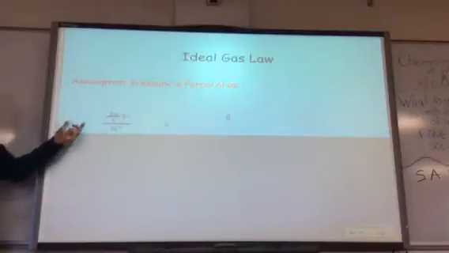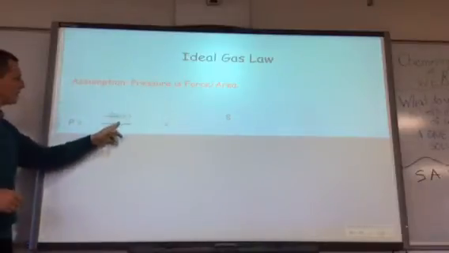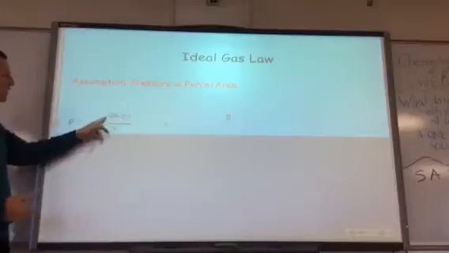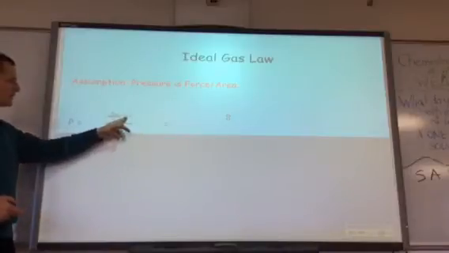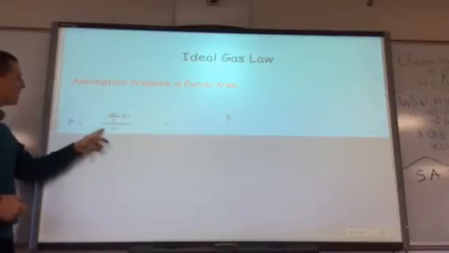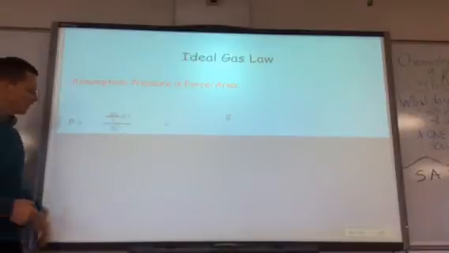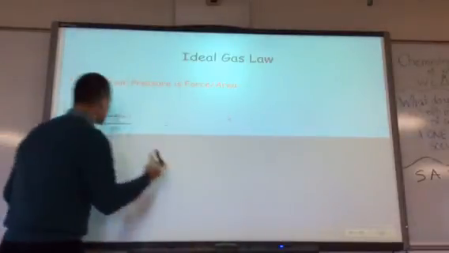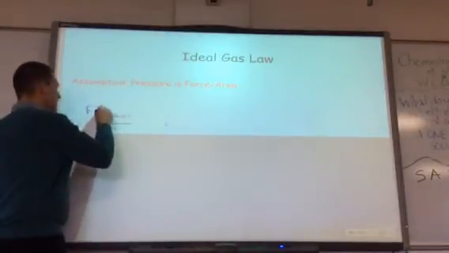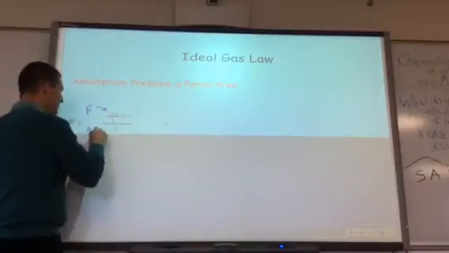The pressure in this case would be the force of the particle, which is what we defined on the previous page, 2m over L times the average V squared, divided by the area. So this numerator is force. The denominator is area.